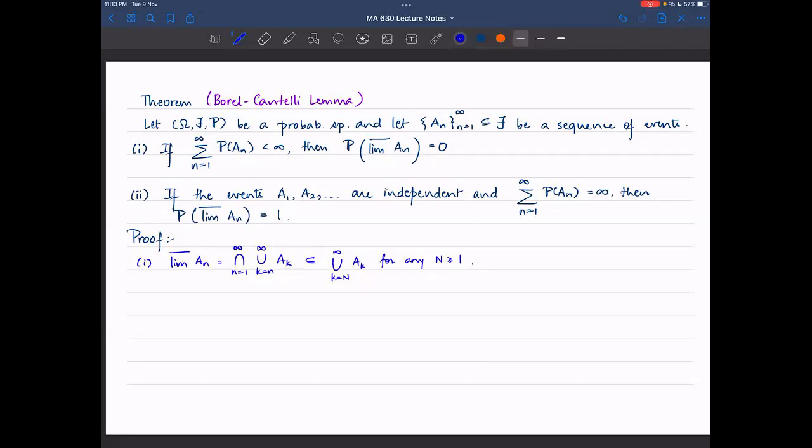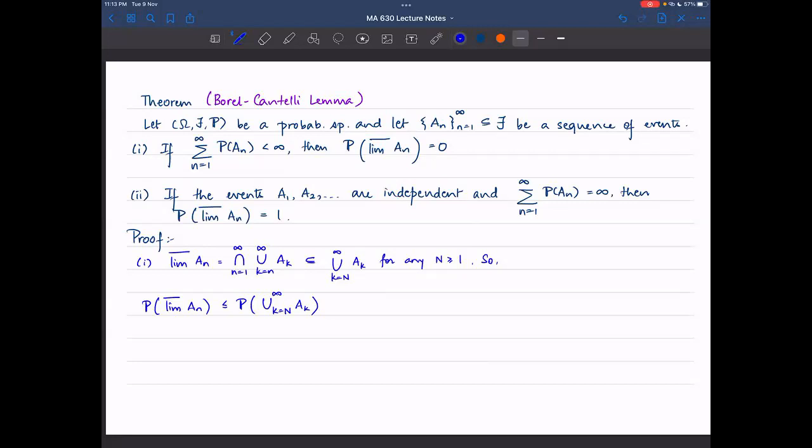All right, so now what I'll do is the following. The probability of lim sup A_n: I'll say that lim sup A_n is a subset of this union. And so I'll say that the probability of lim sup A_n is less than or equal to the probability of the union over k going from capital N to infinity of A_k.